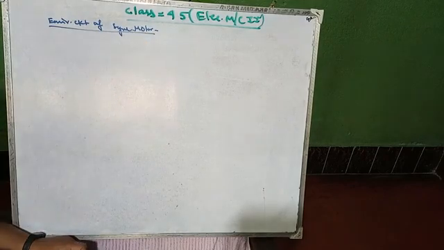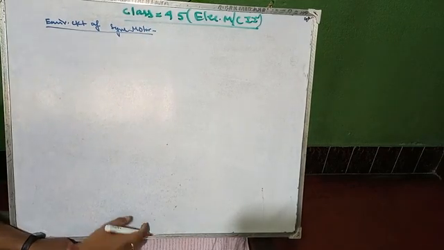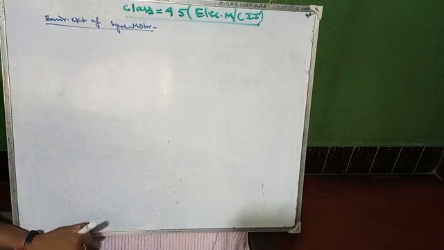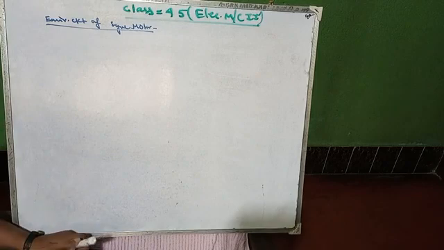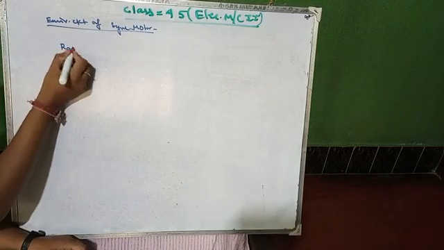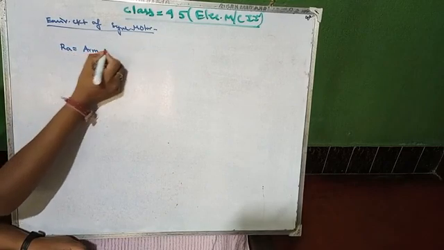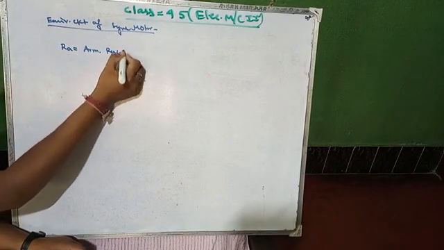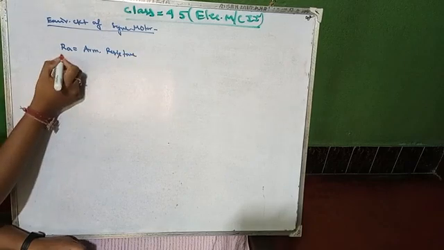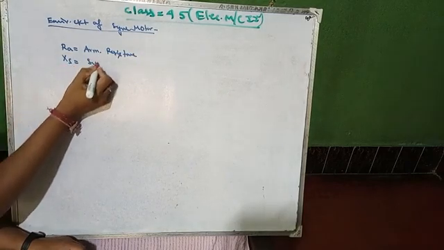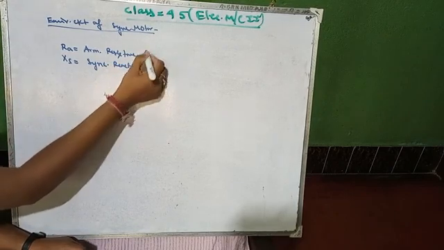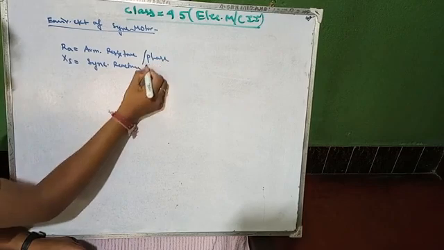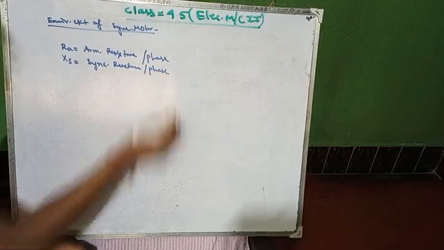Let us consider the rotor of the motor is cylindrical type, and Ra equals armature resistance, Xs equals synchronous reactance, and these are per phase values.